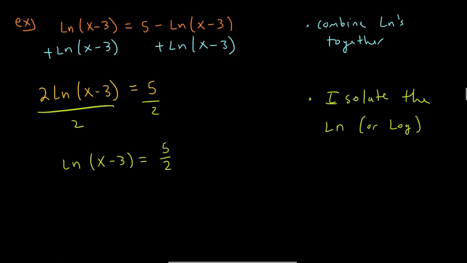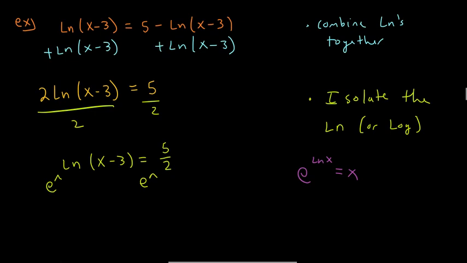And then from here, I'm using the rule that e to the natural log of x equals x. Similar to what we did at the beginning of this class today, except I'm doing the reverse of that. At the beginning we used a natural log to cancel out an e power base. Now I'm going to use the e base to cancel out the natural log. So I'm basically going to raise both sides to the e.